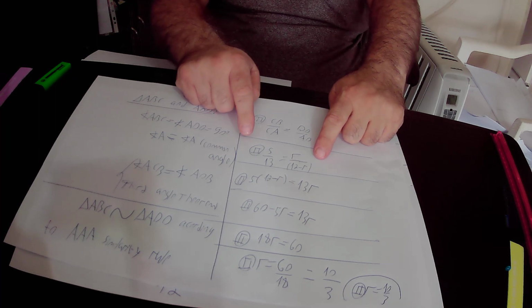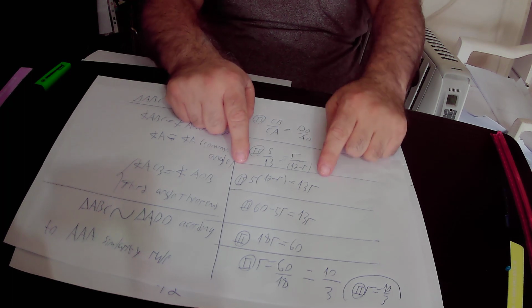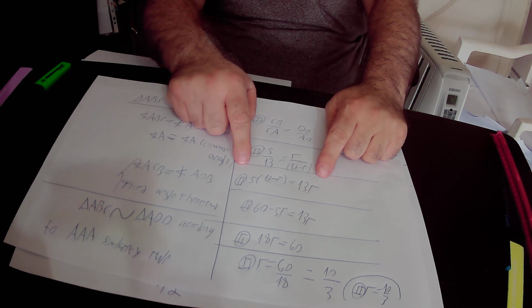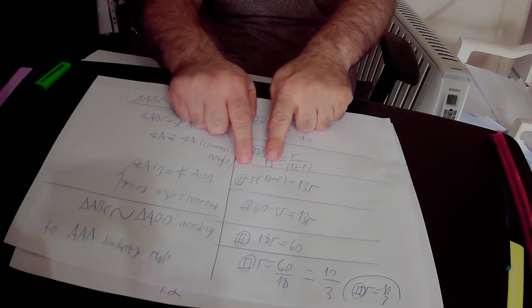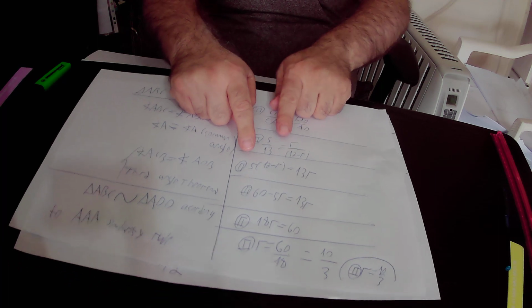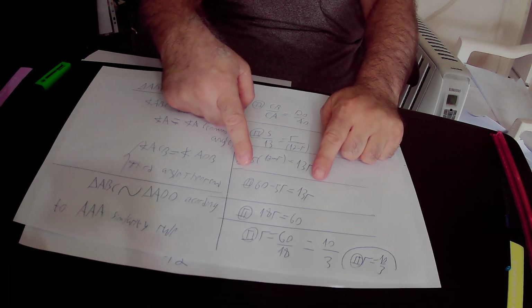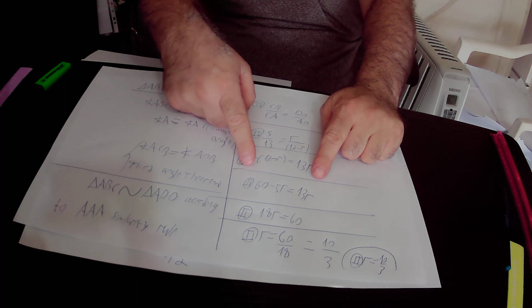We cross multiplied equation number 2 and got 5 times 12 minus R equals 13R. We opened the brackets and got 5 times 12 equals 60, and 5 times minus R equals minus 5R. We added 5R to the equation, so 13R plus 5R is 18R.